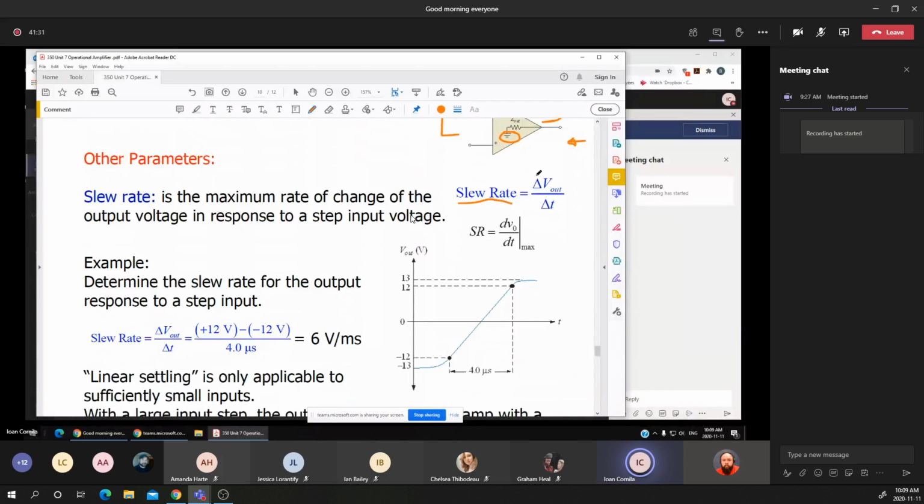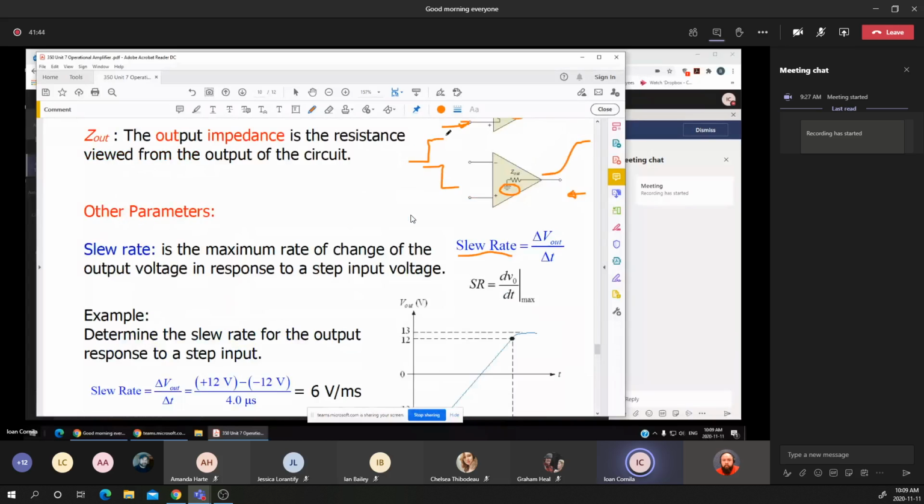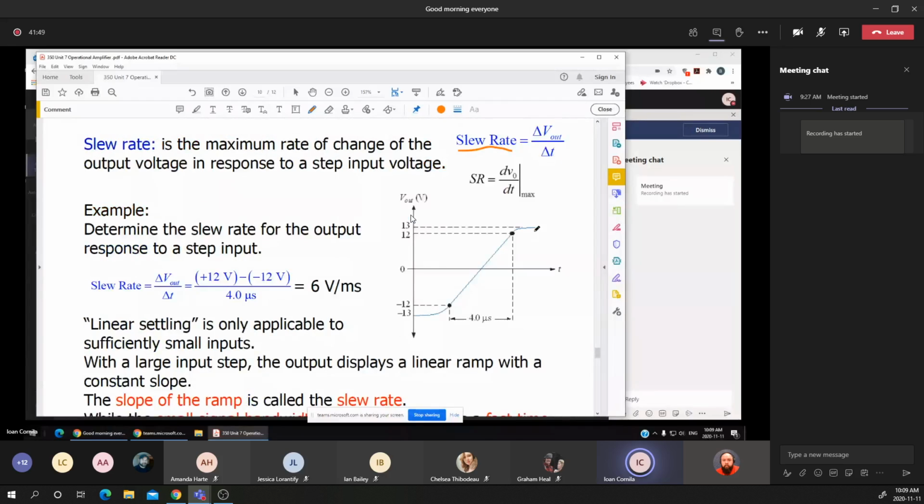Now, the ratio of the change in the output for a given time means how fast, or what is the delay time, or how it will propagate the input voltage as a step up or a step down on the output.